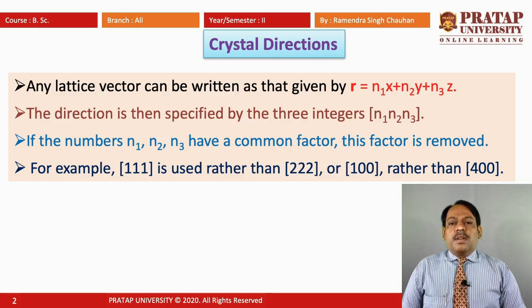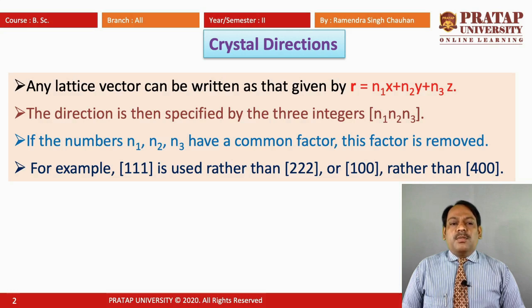So if these numbers n1, n2, n3 have a common factor, in that case this factor can be removed. Suppose we have n1, n2, n3 equal to 2, 2, 2, then we can write it as 1, 1, 1 because 2 is common in all three.